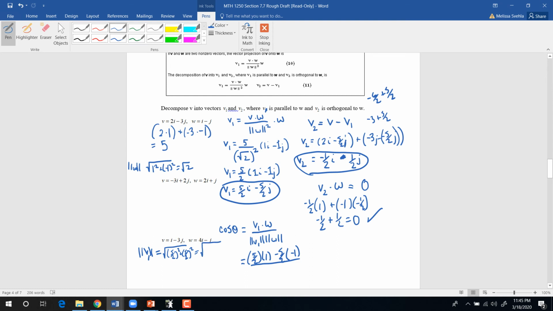Square root of 50 over 4, or this is 25 times 2. 5 square root of 2 over 2. And then the magnitude of w equals square root of 2.